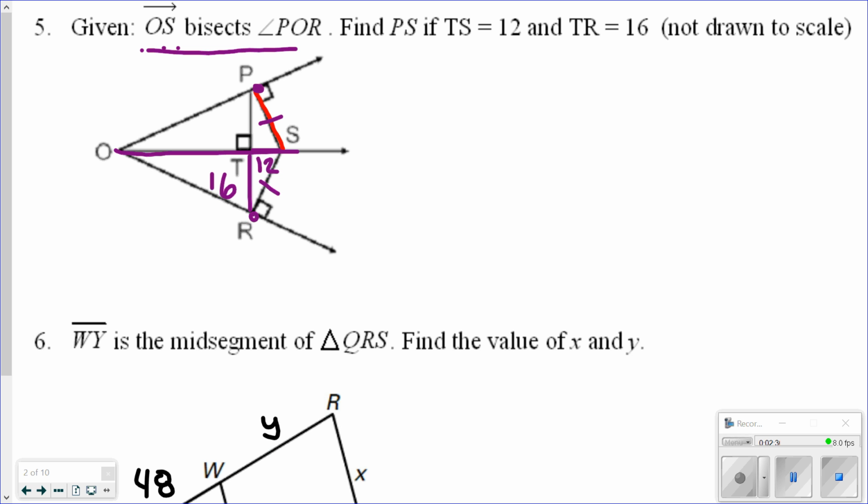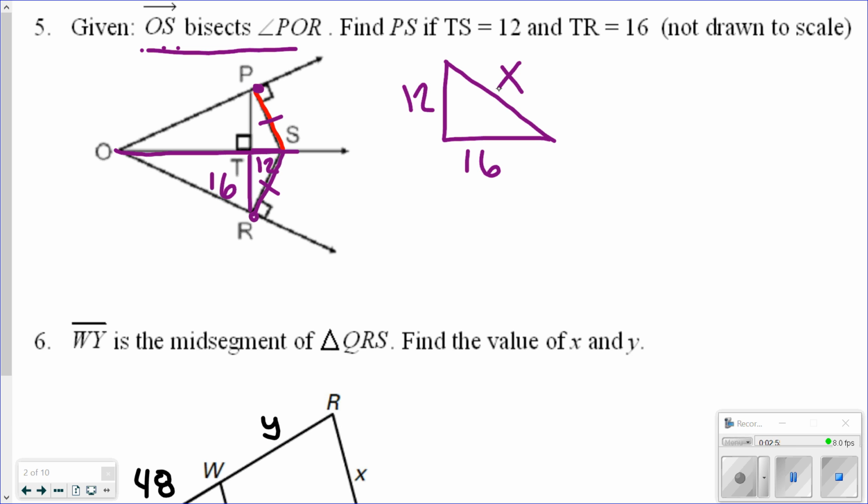So now if I were to highlight RS, you would see that I have a right triangle. So I'm going to redraw this. And I have 12, 16, and this X is what I'm going to be searching for. That X is RS, but if we figure out what RS is, we also know what PS is.